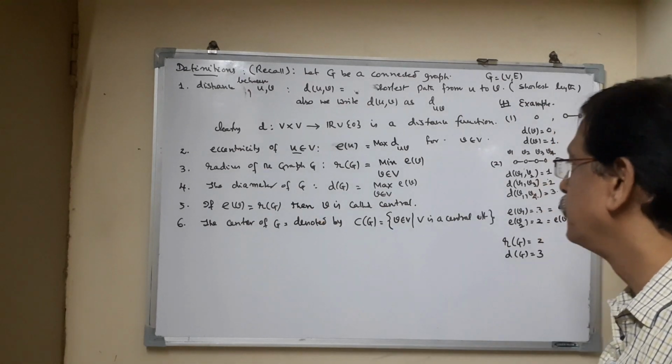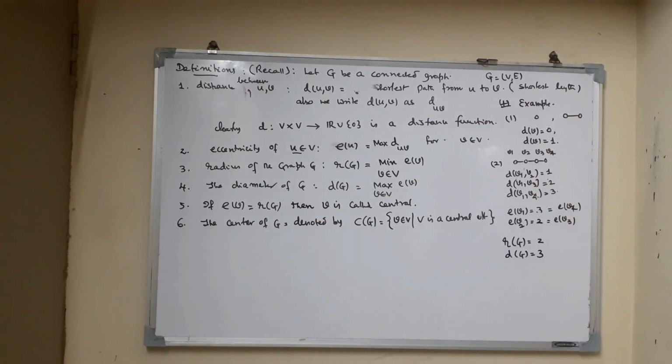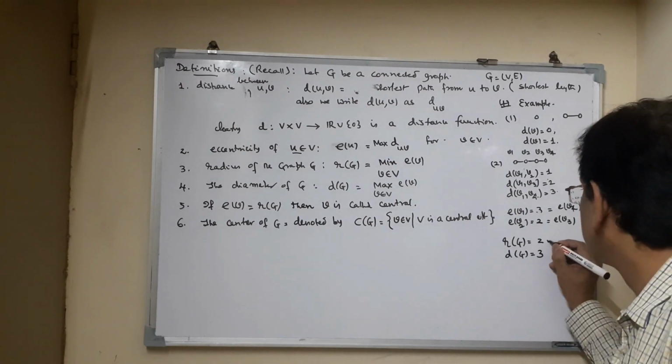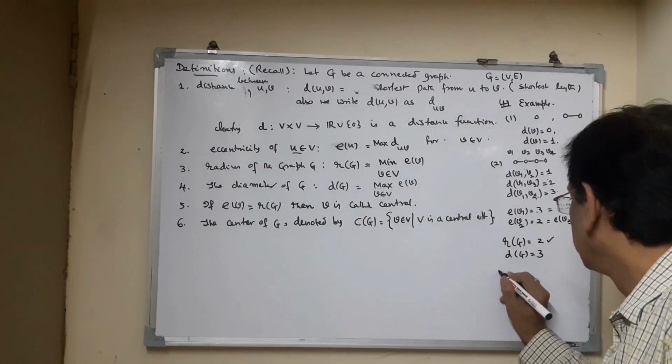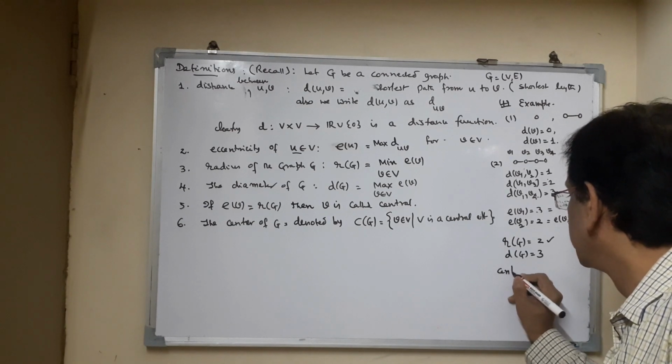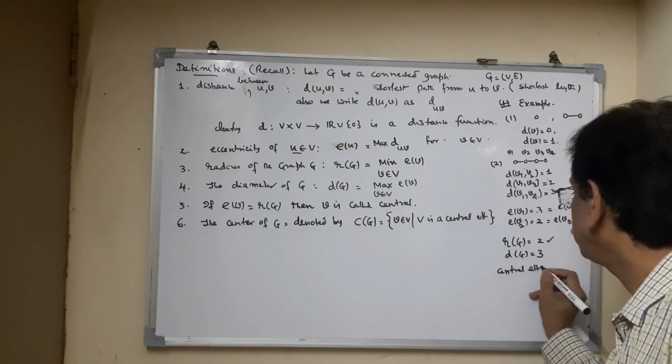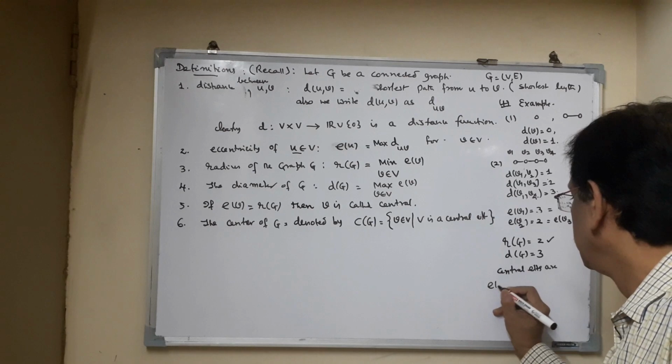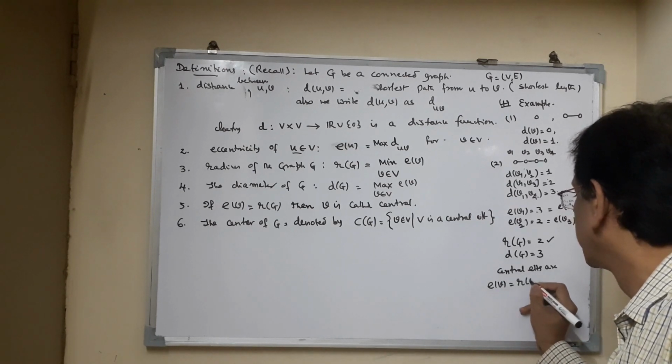Now, what are the central elements? Central means EV equal to RG. So EV is equal to RG means the central elements are those with EV equal to RG.